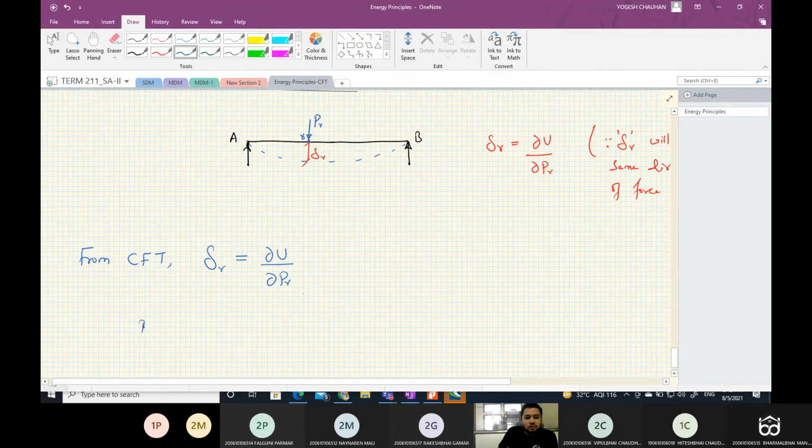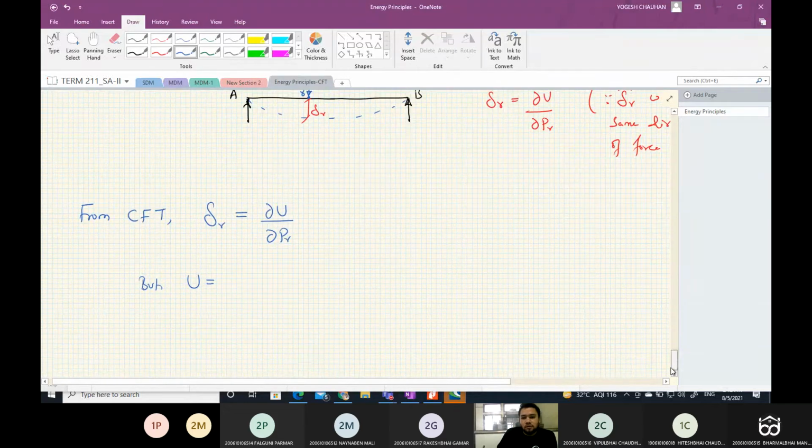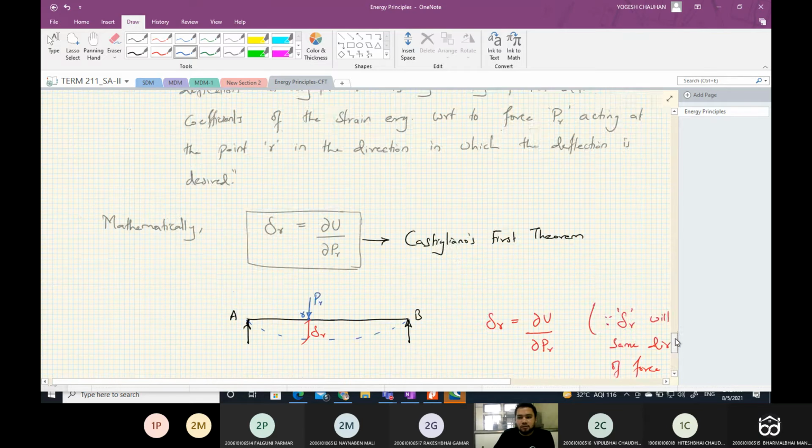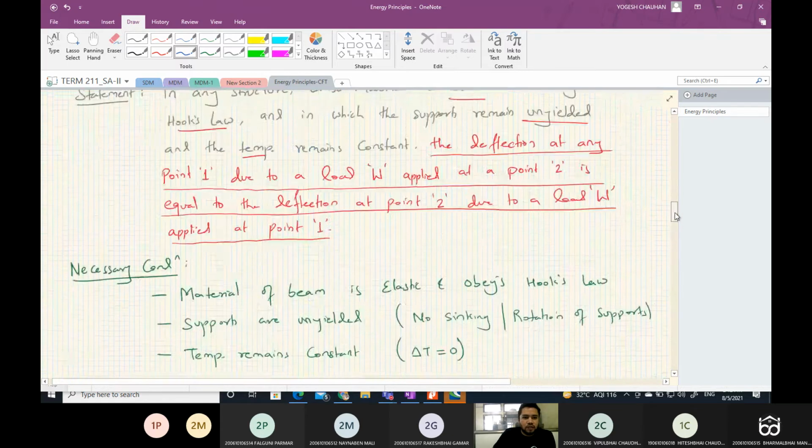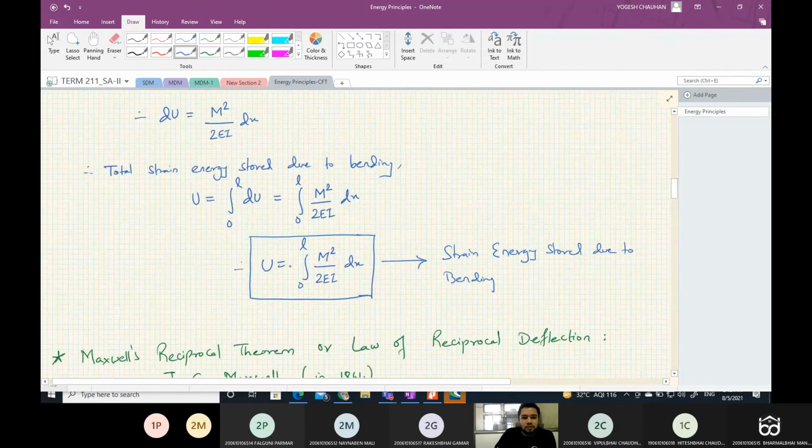But we know that U is equal to integration from 0 to L of M square by 2EI dx. This is the strain energy stored due to bending. We have studied the strain energy stored due to bending is given by integration from 0 to L of M square by 2EI dx.